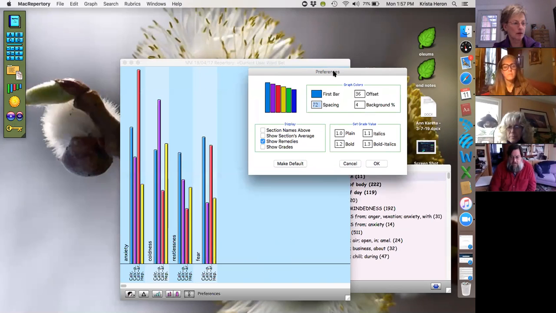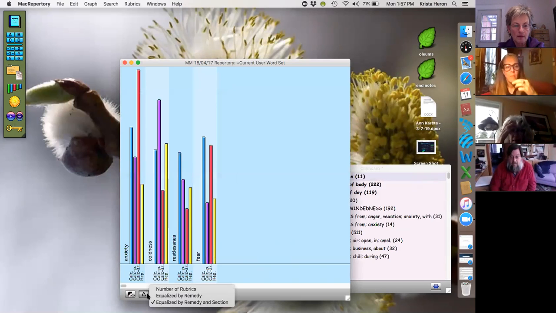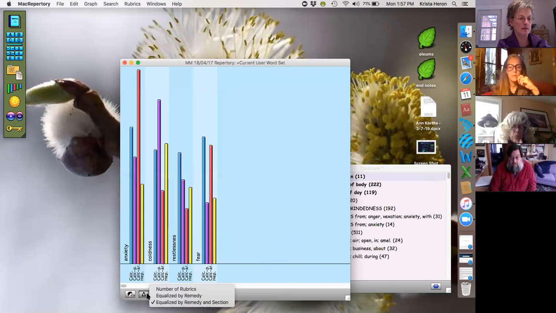Don't you select that down on the bottom where those different kinds of graphs are? I was thinking it was here. No, just cancel it and then, it's graph. No, just click on it. Here, equalized. Yeah, it's that little triangle. So this allows you to have it looked at from the remedy and the section perspective.